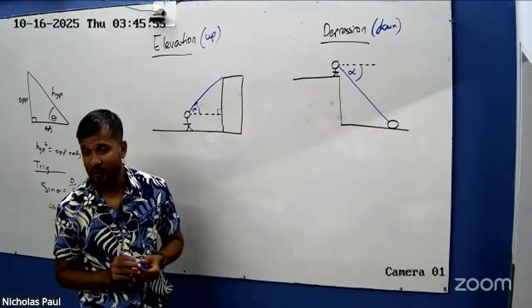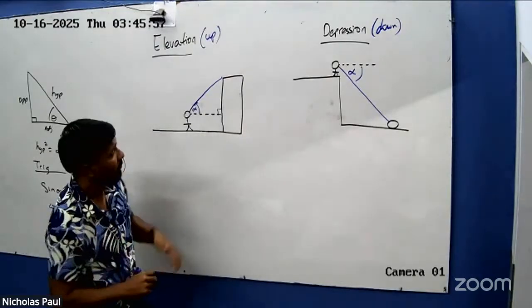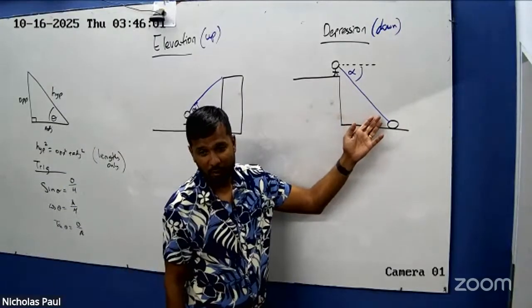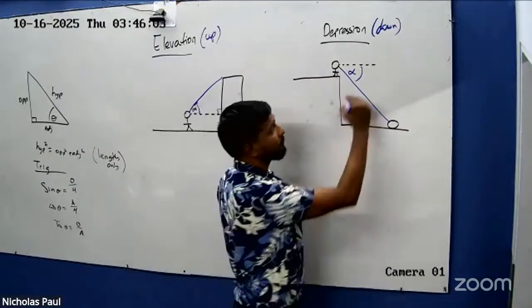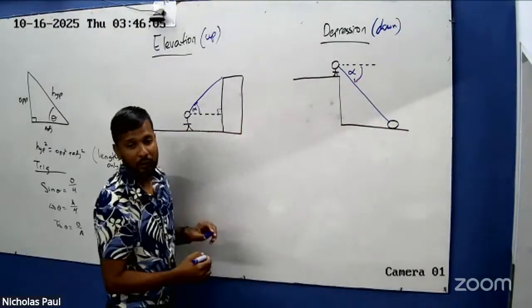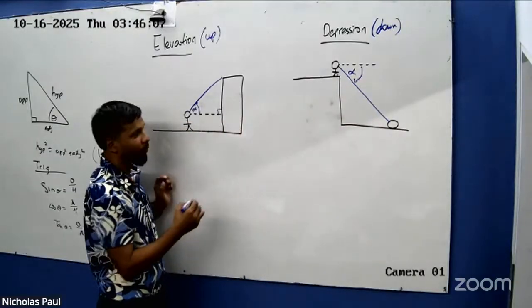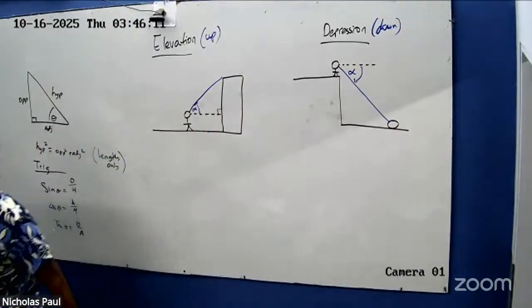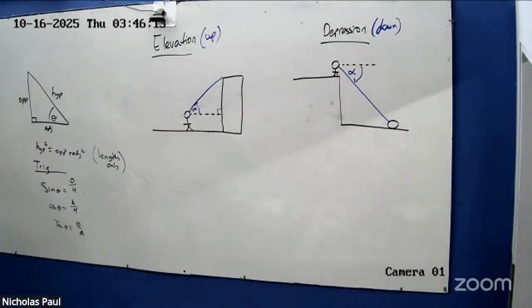Elevation, looking up. Depression, looking down. Because you're depressed, so you're looking down. You're elevated, so you're looking up. So that's all you have to remember: elevation, looking up; depression, looking down.